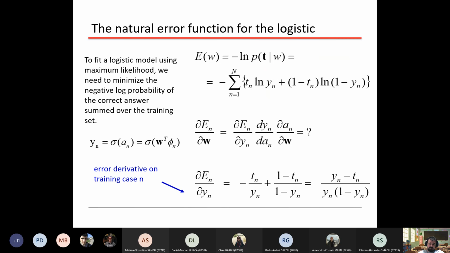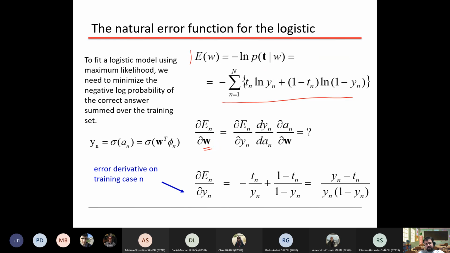And for that, we need to evaluate the error. The error is the negative logarithm of the likelihood and is defined like this: minus the sum of tn logarithm of yn plus 1 minus tn logarithm of 1 minus yn. And we need to identify the w that minimizes this error.